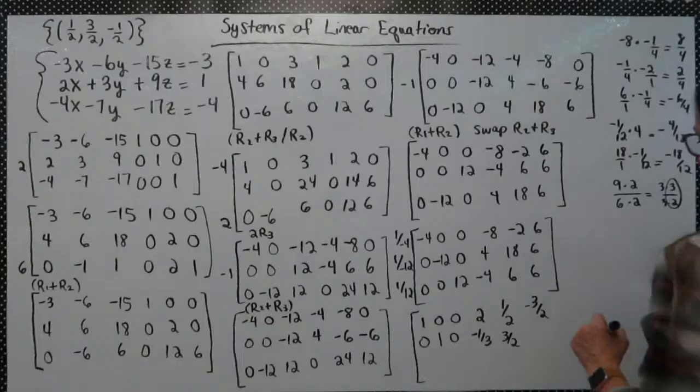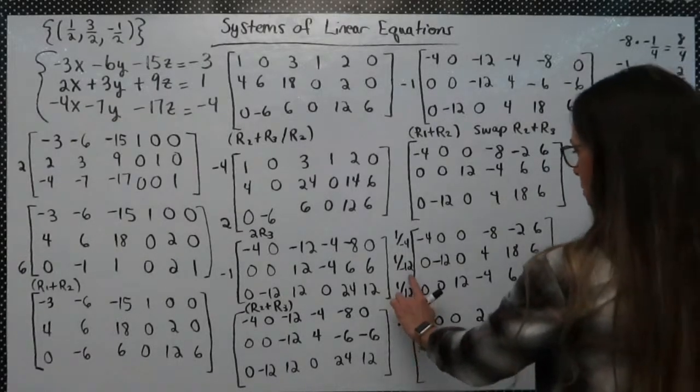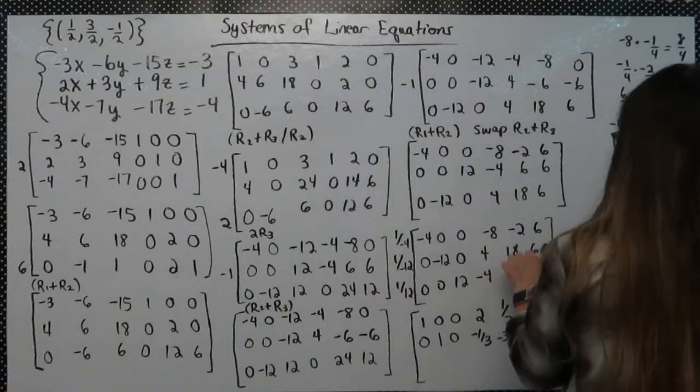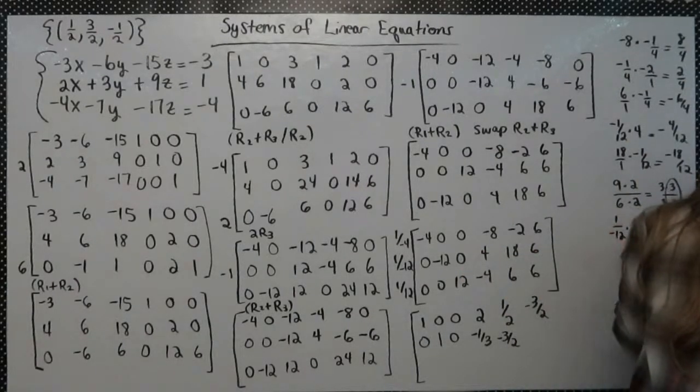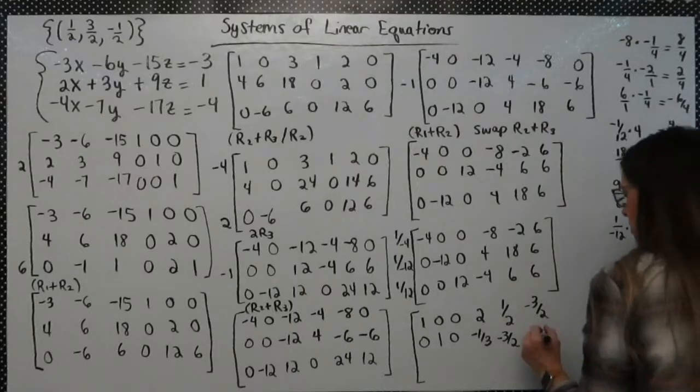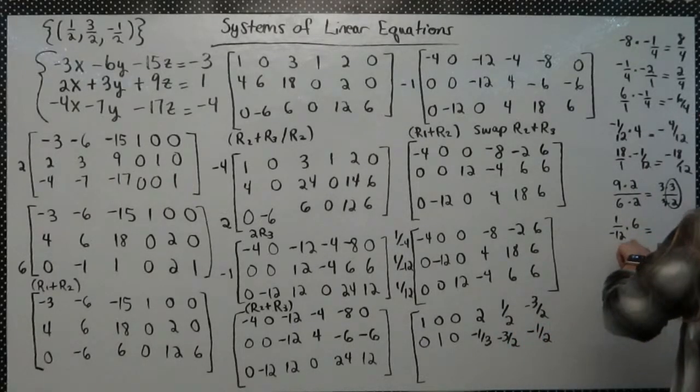And it's negative, so let's not drop that negative. And we got 1 over -12 times 6. And that's going to reduce down to -1/2, because half of 12 is 6.